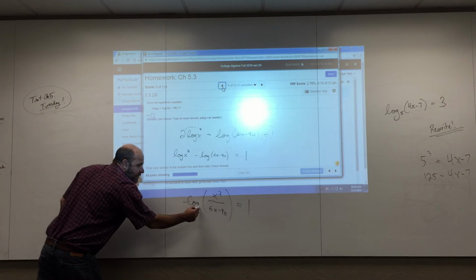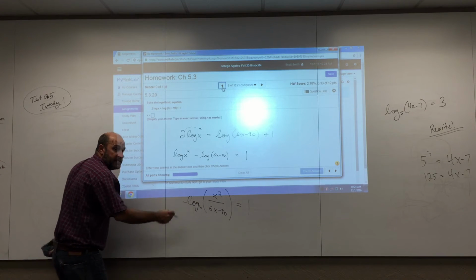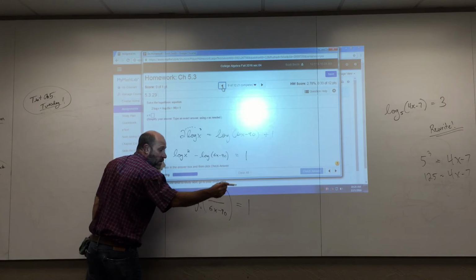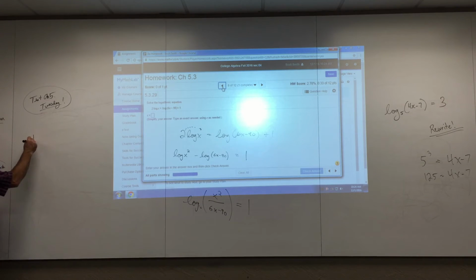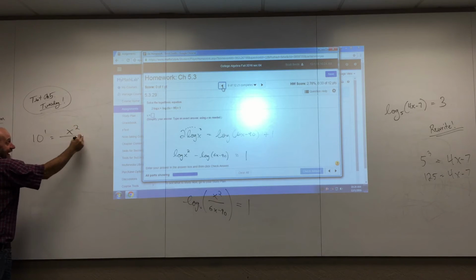And so how do I rewrite it? If this is base 10, I'm going to write 10 raised to the 1st, or first, equals what's inside the log, which I know is a little nasty.